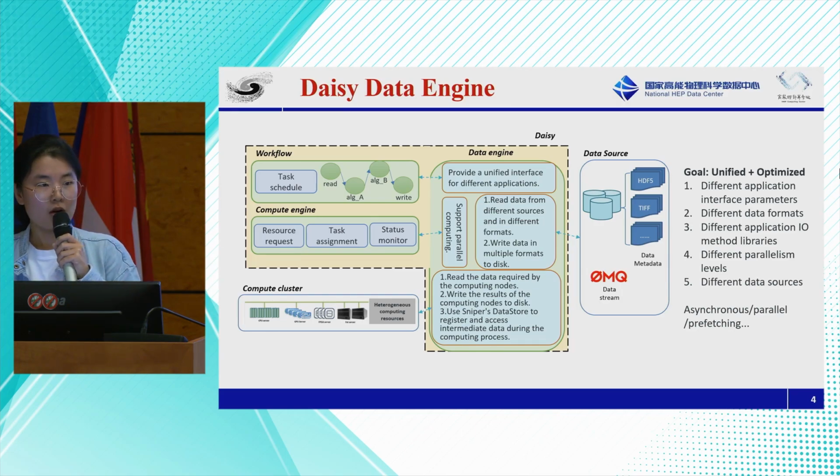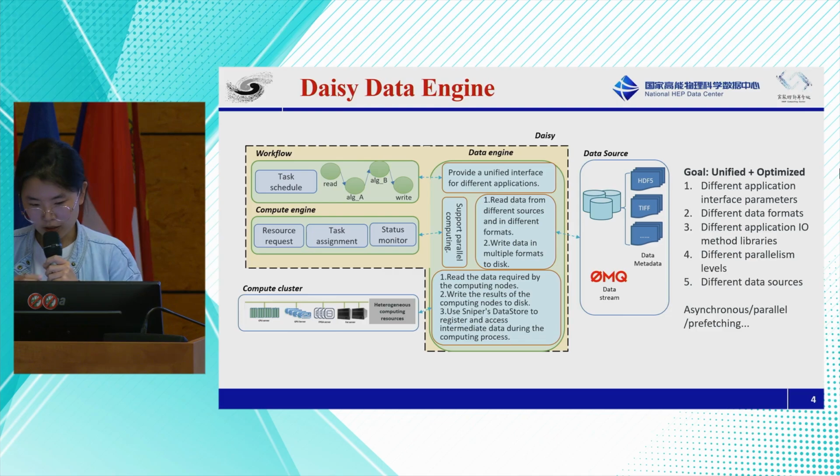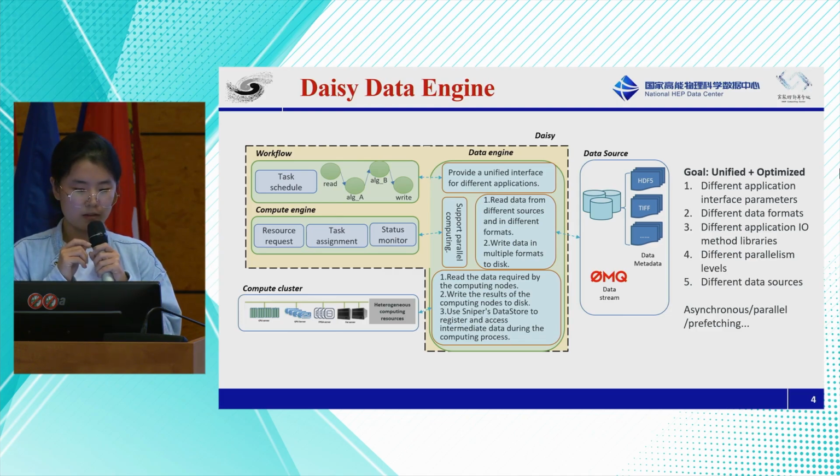Among the different parts in DAISY, the data engine mainly works with the workflow and the computing engine. So it should provide a unified interface for different applications and support parallel computing. It can read the data required by the computing nodes and write the results to disk in order.